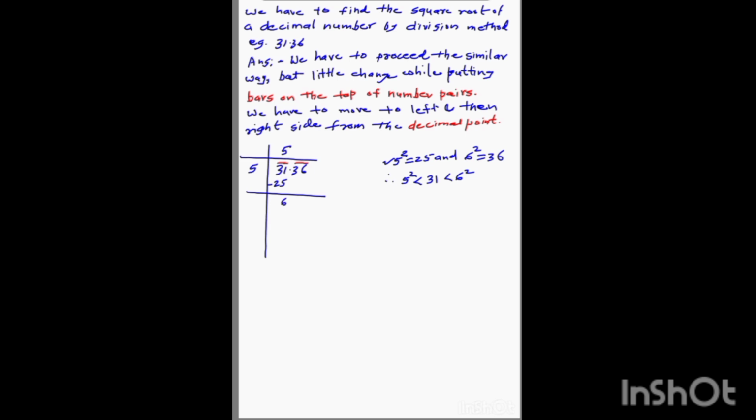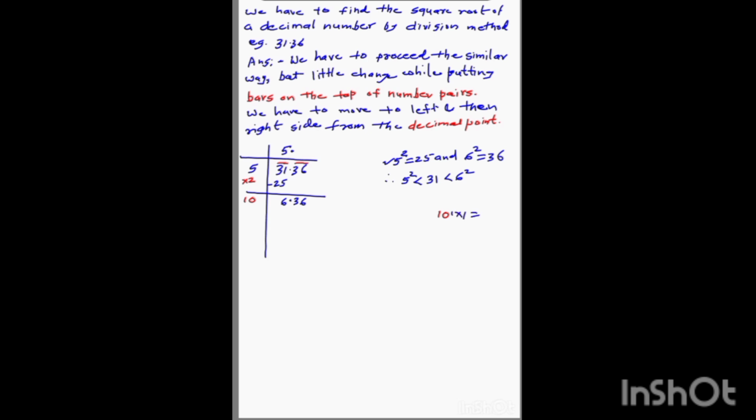Now add a decimal point after that 5. Now multiply this 5 by 2 and you get 10. Come to the right hand side, write 10 and the first digit 1, that is 101 into 1.